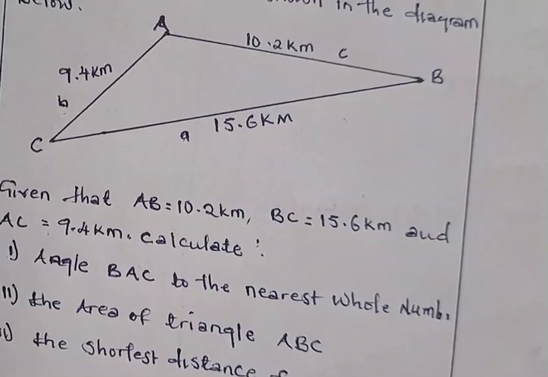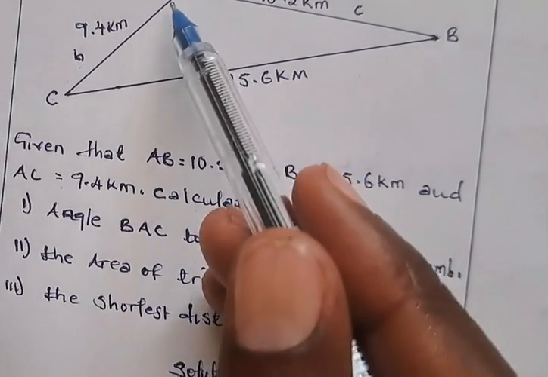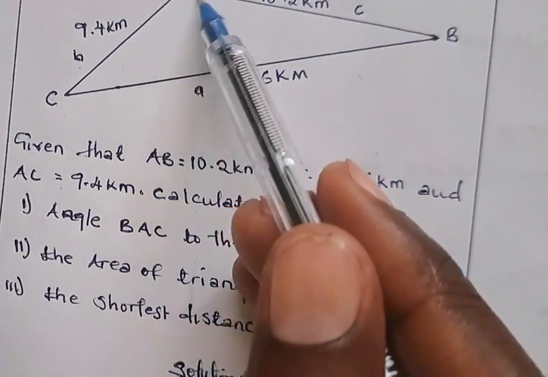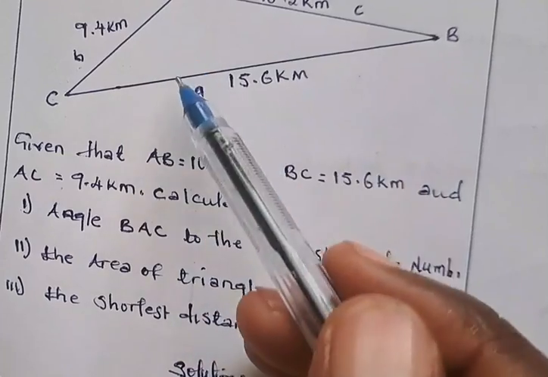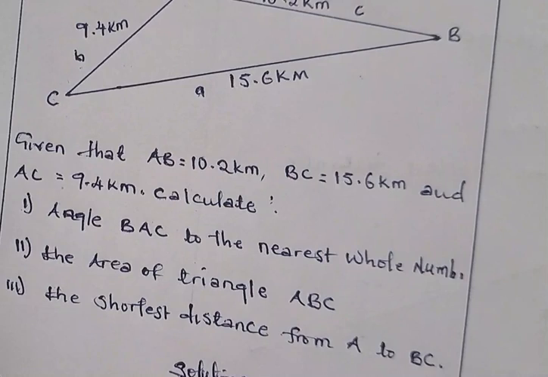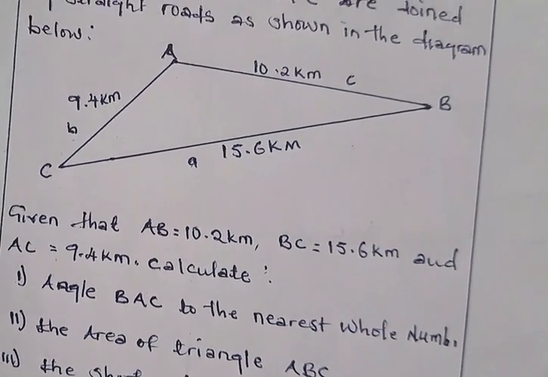So for the area, since we have this angle, we're going to use the same to come up with the area. Remember in the previous video I mentioned, even for the area, we come up with a formula depending on what you are given.